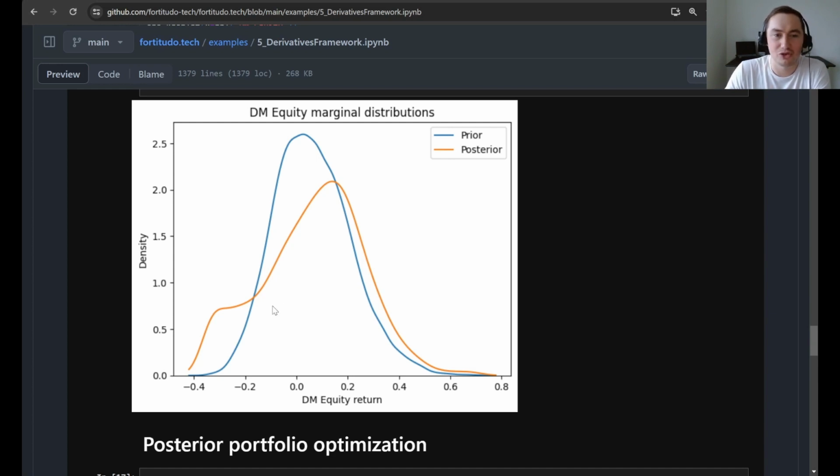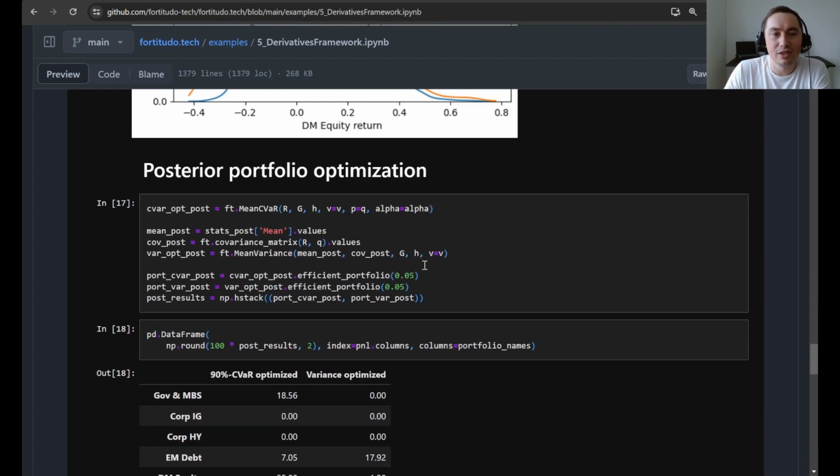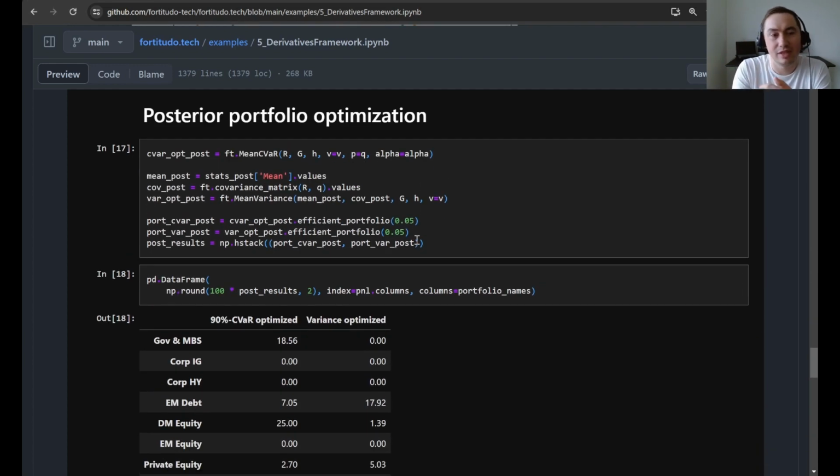So this is just to see what happens when we do portfolio optimization in that case. So here we again perform a posterior portfolio optimization, and you can see that the only difference here is that instead of using a prior probability vector with uniform probabilities, we just specify the posterior probability vector Q. And the same thing when we extract the mean for the variance optimization, we just extract from the posterior statistics, and when you compute the covariance matrix, we use the posterior probability vector here.